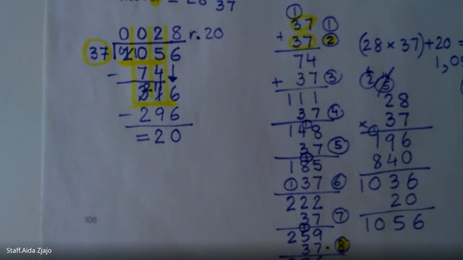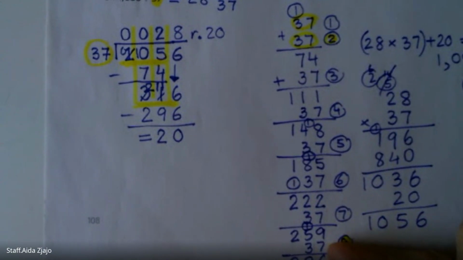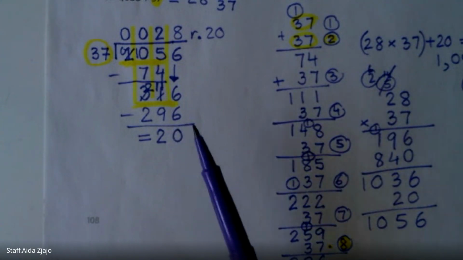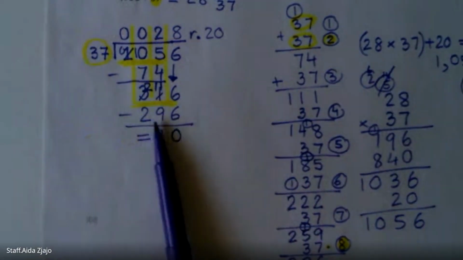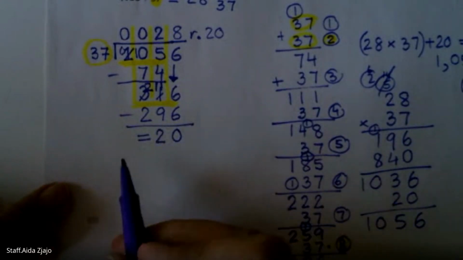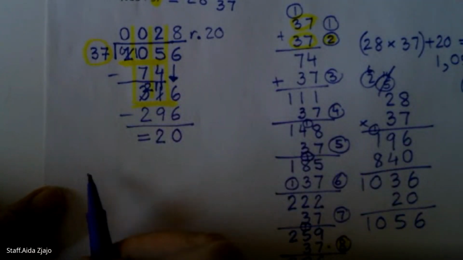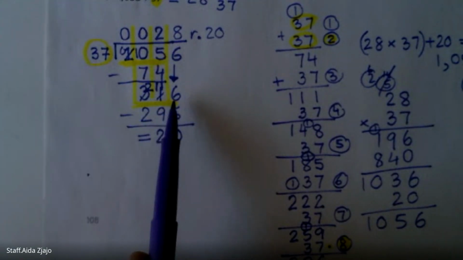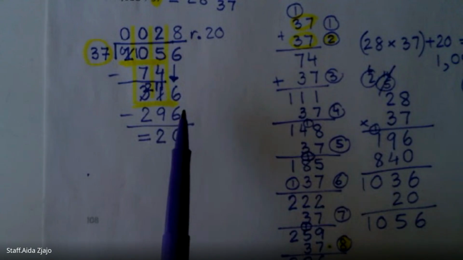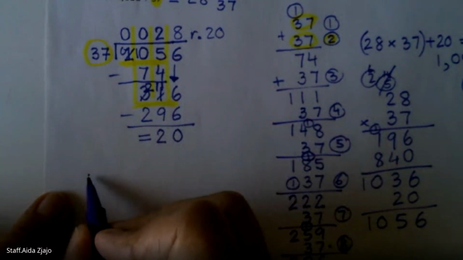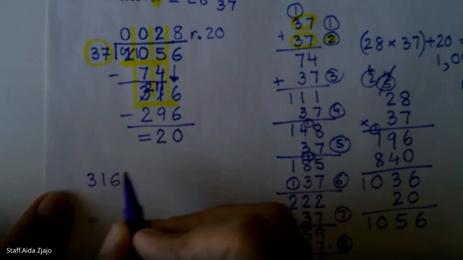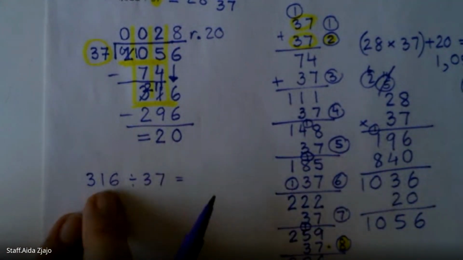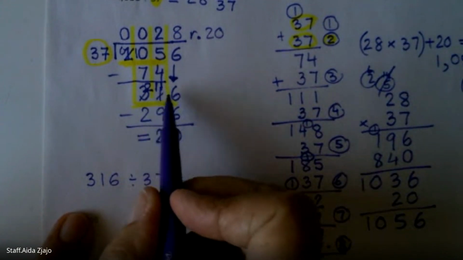I see this whole number addition in groups works for my students, but you can also round. This is a guess. If you round this to 40 and this to 320, then you can guess how many. We had 316 after bringing down the 6.